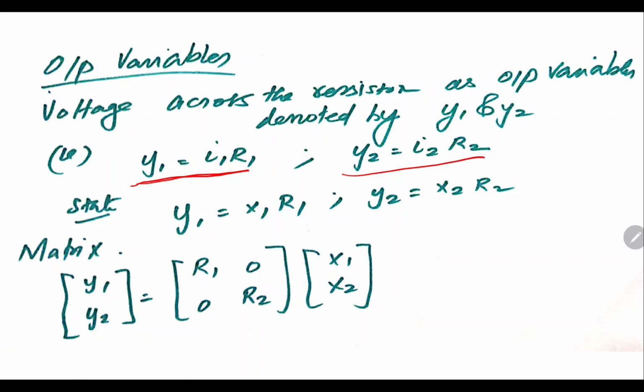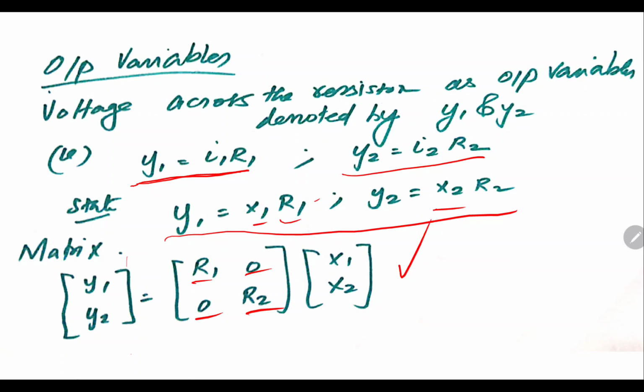Now we are substituting the state variables: I1 is nothing but x1 and I2 is equal to x2. We are taking these two equations and forming the matrix y1, y2. In y1, x2 is missing, so the first component is R1 and the second component is 0. In y2, x1 is missing, so x1 coefficient is 0 and the second is R2.